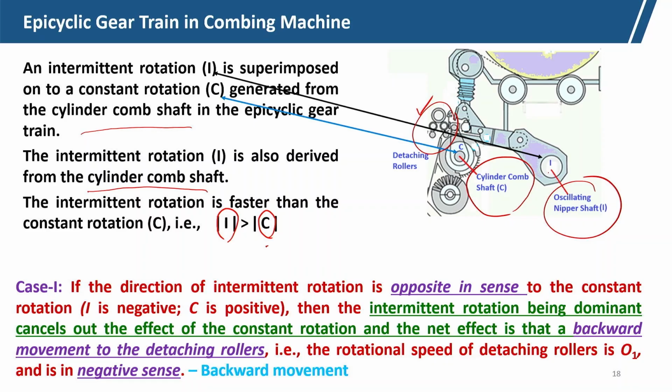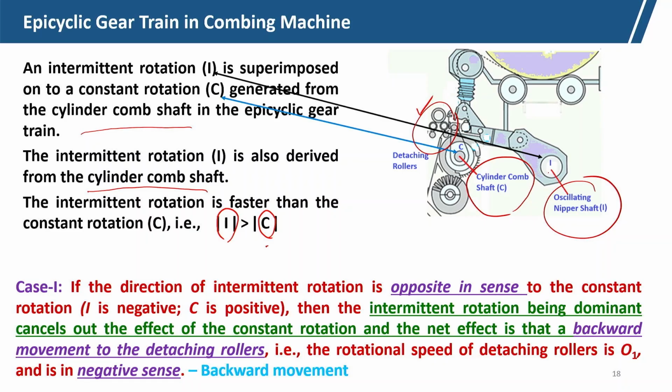If I is negative and C is positive, then the intermittent motion I will dominate and cancel out the effect of the constant rotation, and the net effective motion will be backward, that is a negative sense motion.